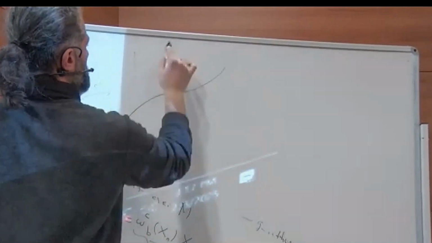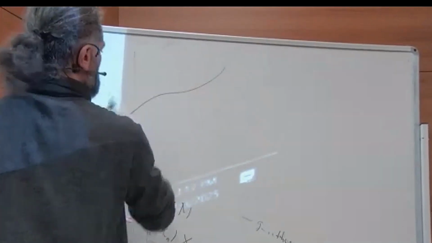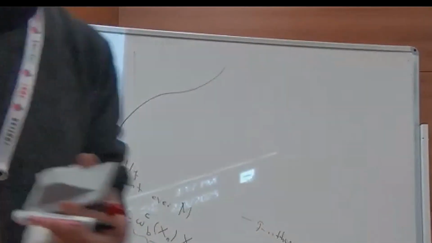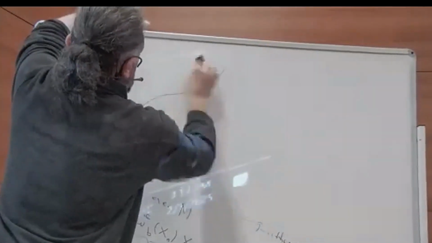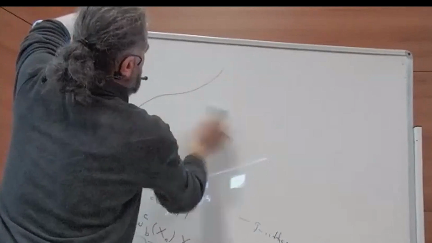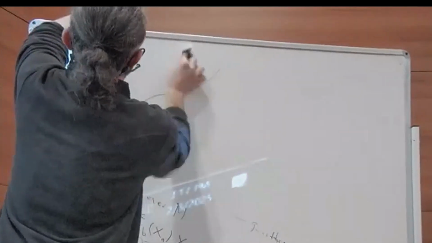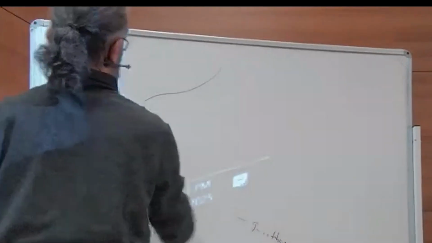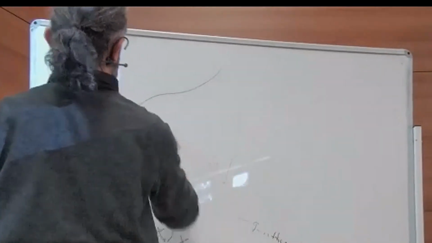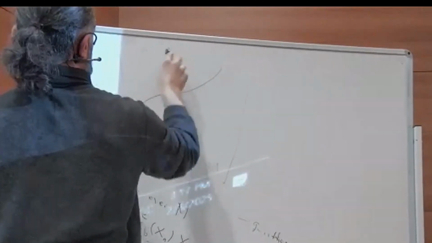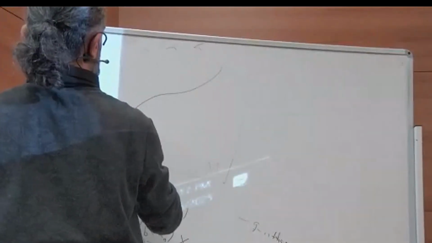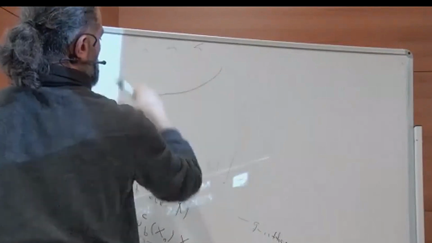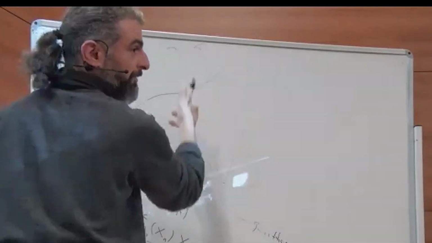There is a vector field which we don't know. This is our manifold. So you have a vector field, at least on a local domain containing some part of this curve.